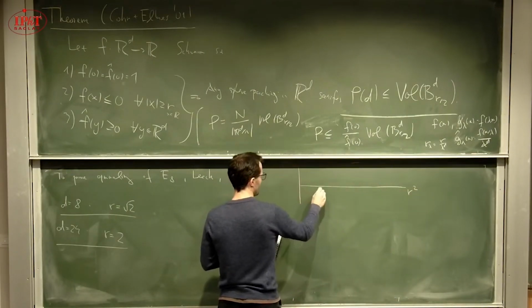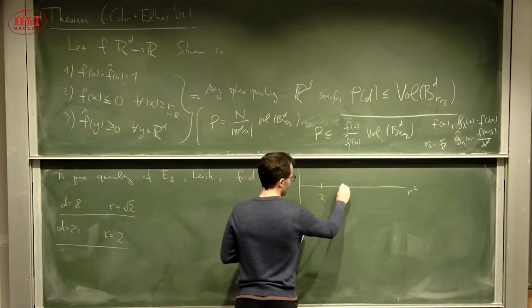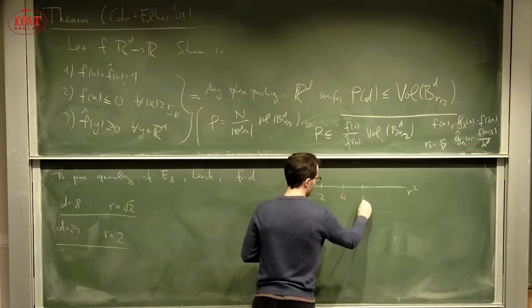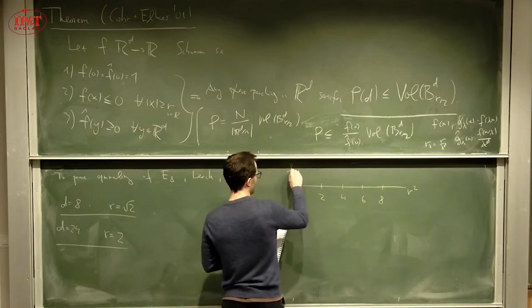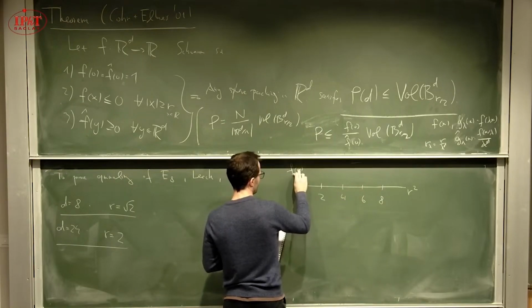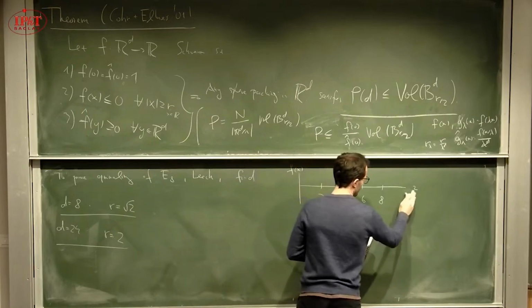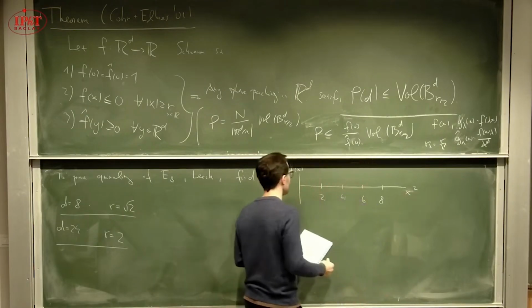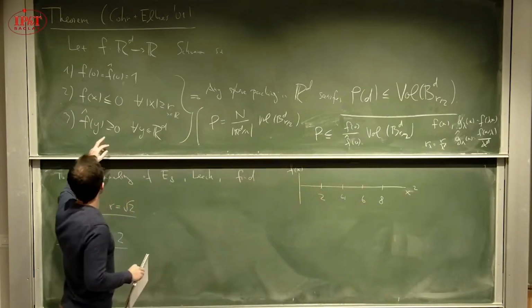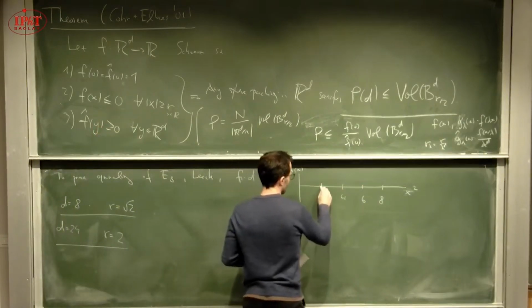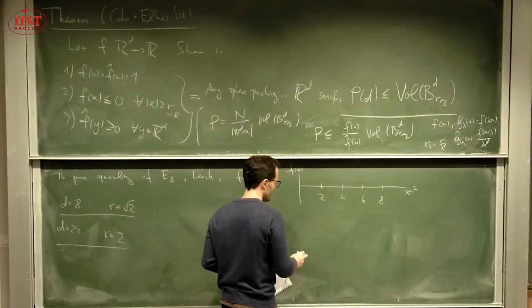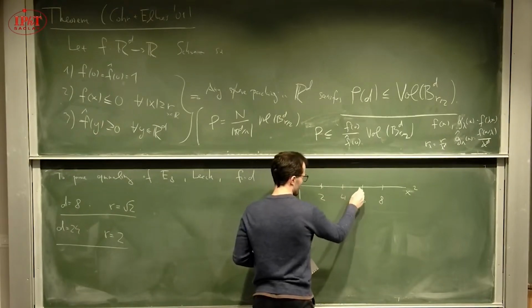So let's say we are in 8 dimensions, and let's plot F of x as a function of x squared. It needs to be non-positive everywhere above 2, but it needs to vanish at 4, 8, and so on.